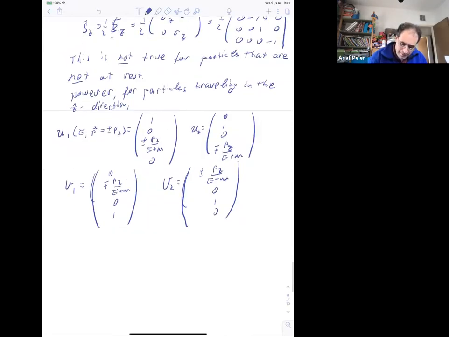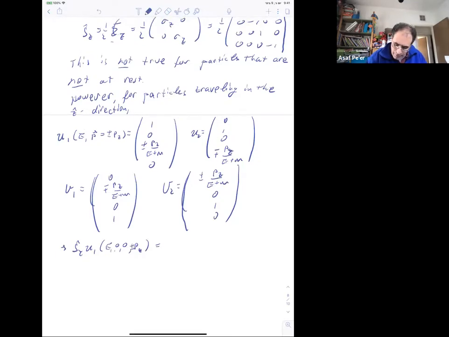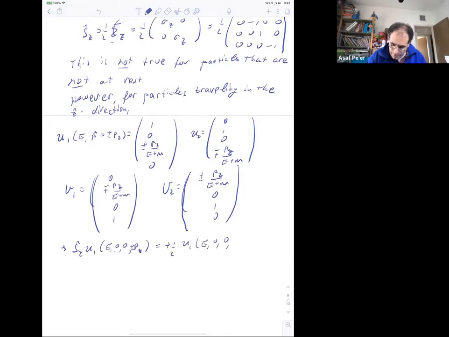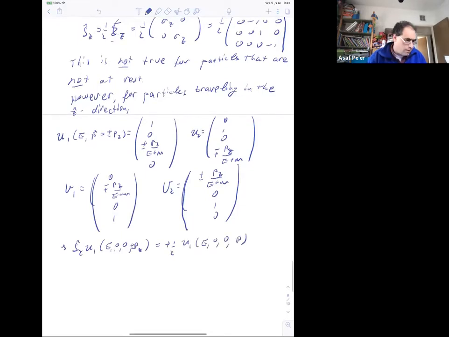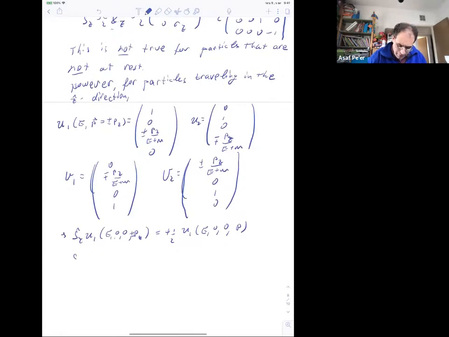But in that case, we do get that S_z of U1 of E, 0, 0, pz, plus minus p, is just plus one half of U1. And of course, the same for U2.